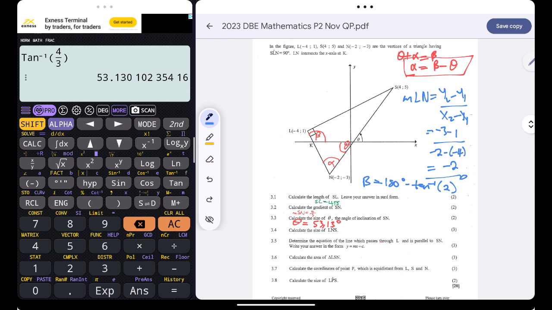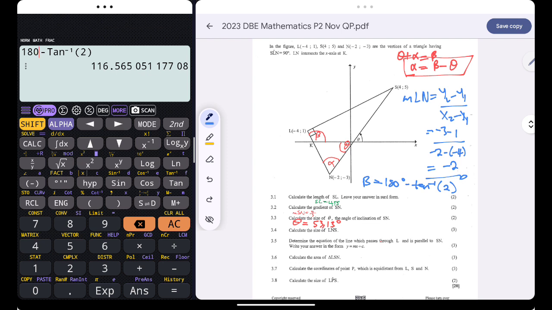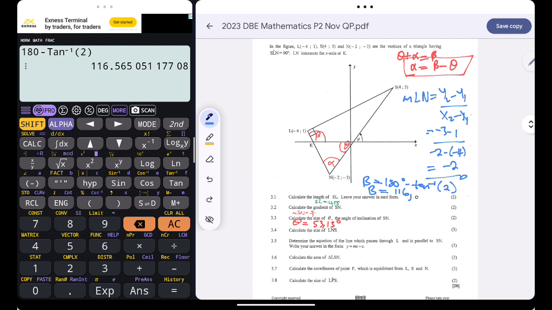So for me to find the angle of inclination, I'll simply say 180 minus tan inverse 2. I'll simply get beta to be equal to 116.57 degrees. You can all see that, right?